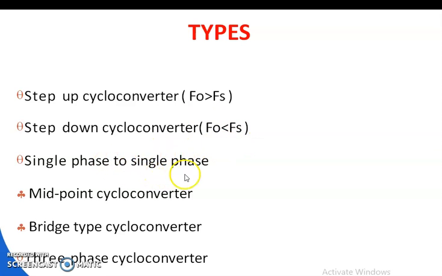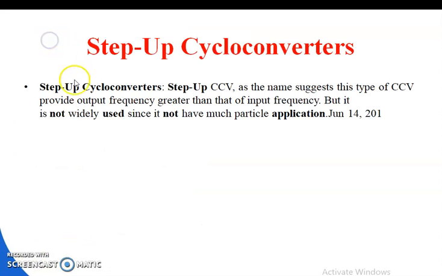Third category is the single phase to single phase cyclo-converter, sometimes also known as single stage to single stage cyclo-converter. Fourth category is the midpoint cyclo-converter. Fifth category is the bridge type cyclo-converter. Sixth category is the three phase cyclo-converter.